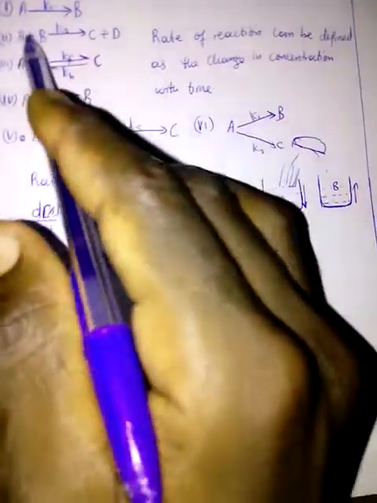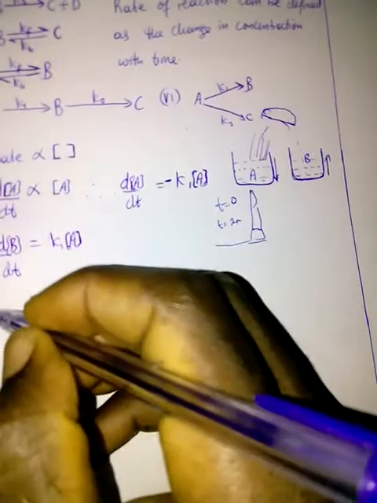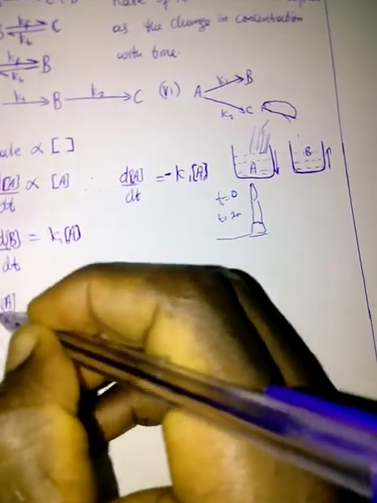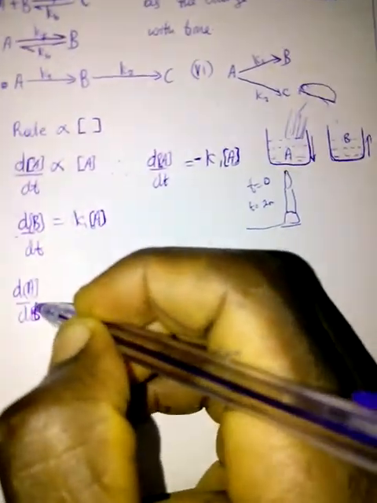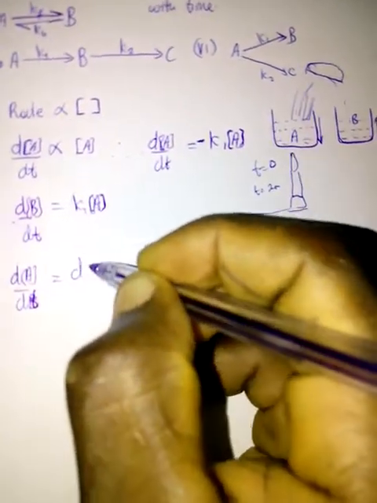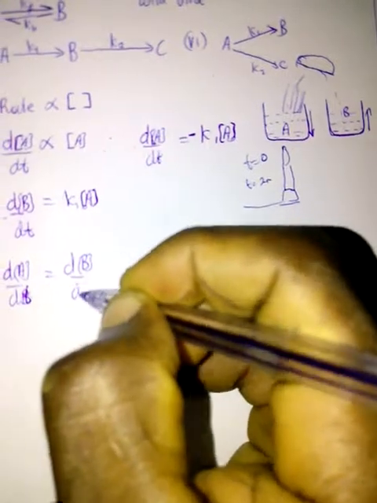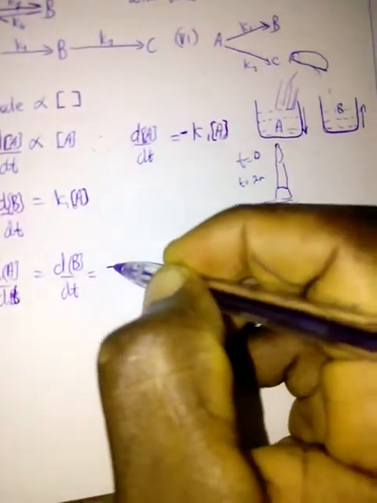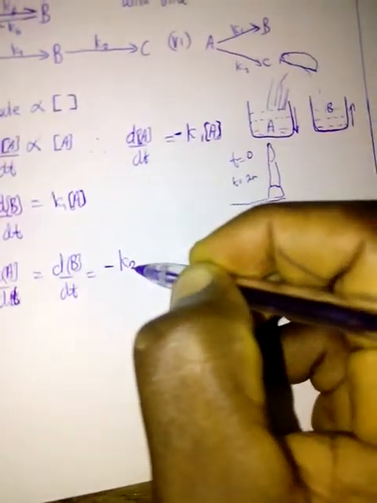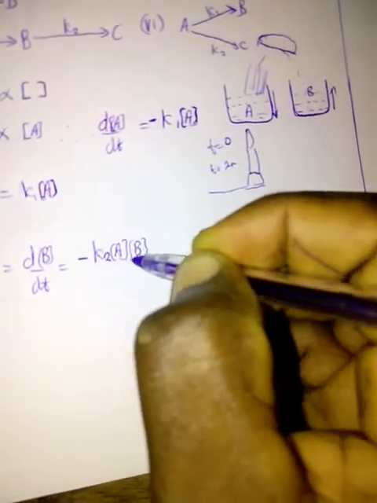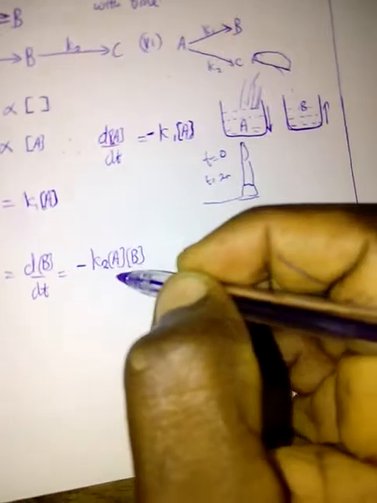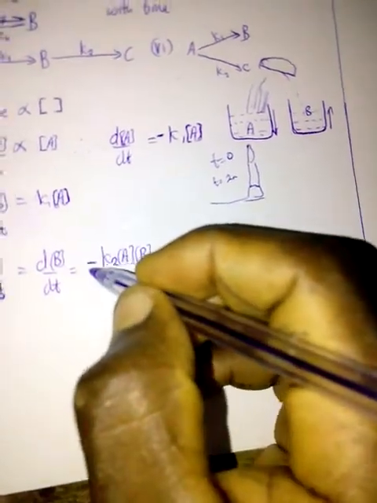So for the second one, we want to write in terms of the two reactants A and B. So d[A]/dt, which equals d[B]/dt, equals minus k2[A][B], A multiplied by B. There is a negative sign here because both of them are reactants.